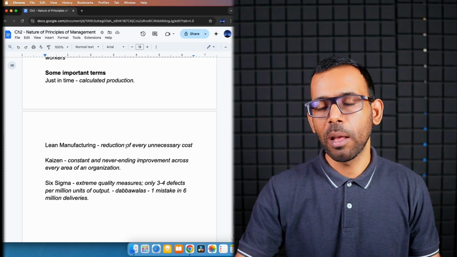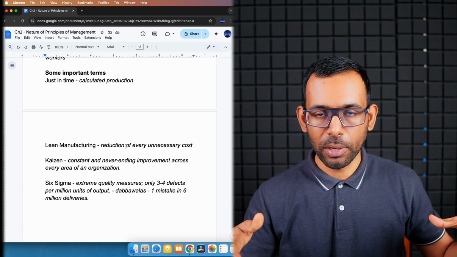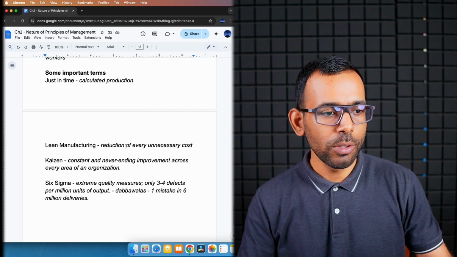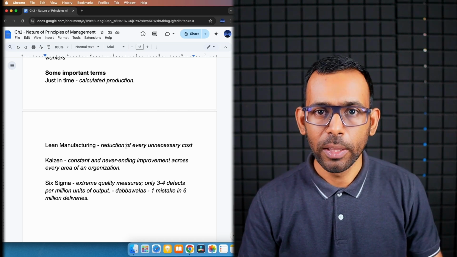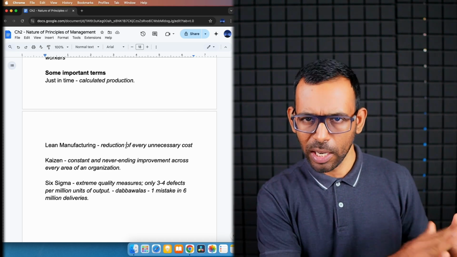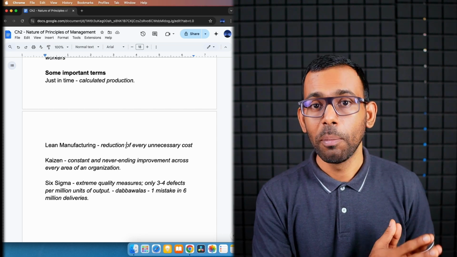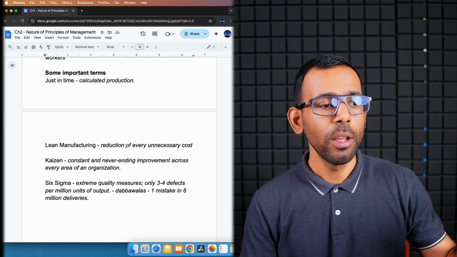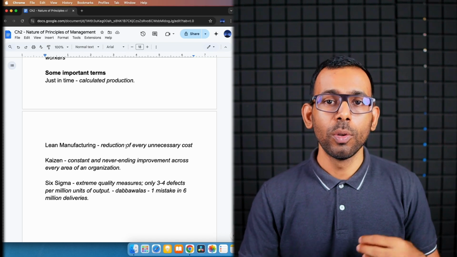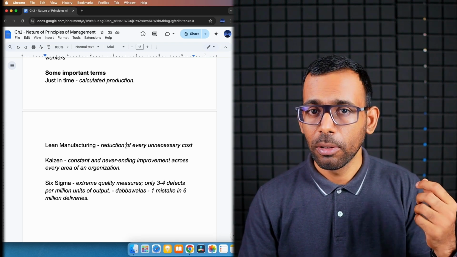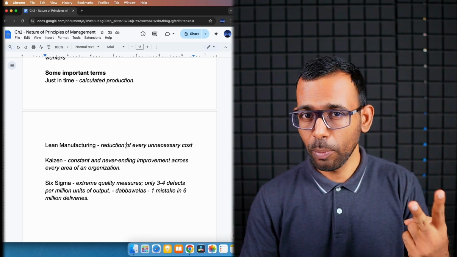For example, if a particular workstation deserves only 3 workers, which means there is only work for 3 people in that workstation, but let's say the production department employed 5 people in that. So isn't it that I'm paying extra wages for 2 people?